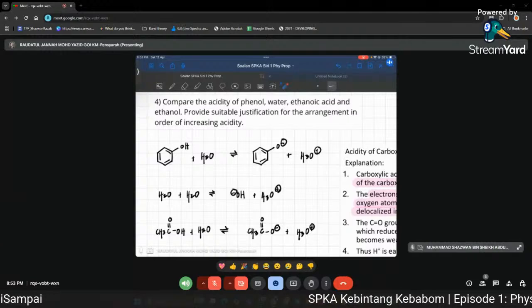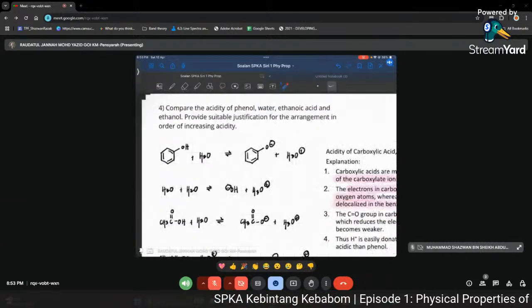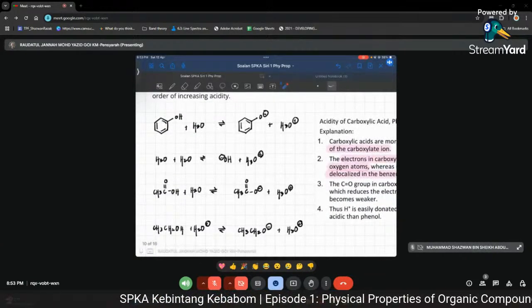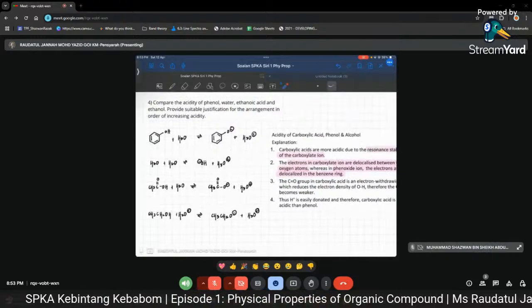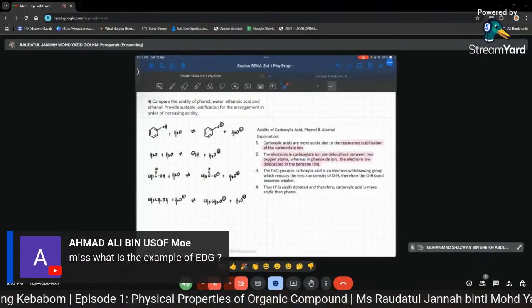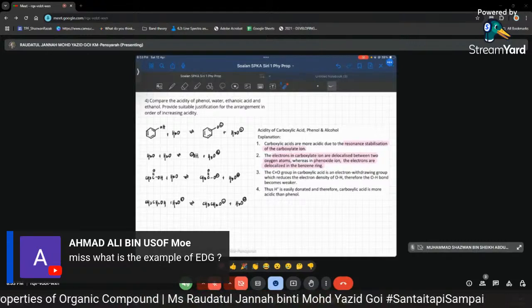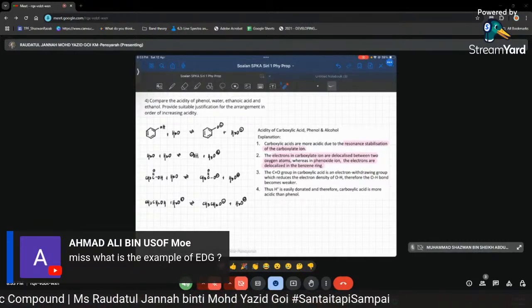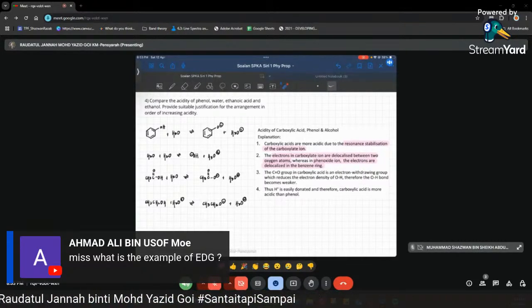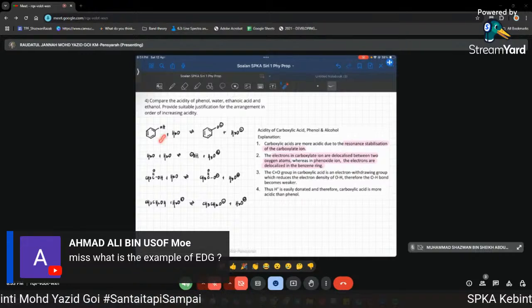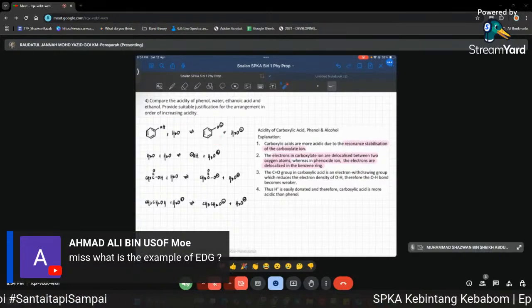Okay, so to make things easy, I actually visualize the structure for you. So this one here, kita ada dissociation of proton for phenol, water, ethanoic acid, and ethanol. Okay, so kalau you ada phenol, dia release proton, you akan form phenoxide ion.